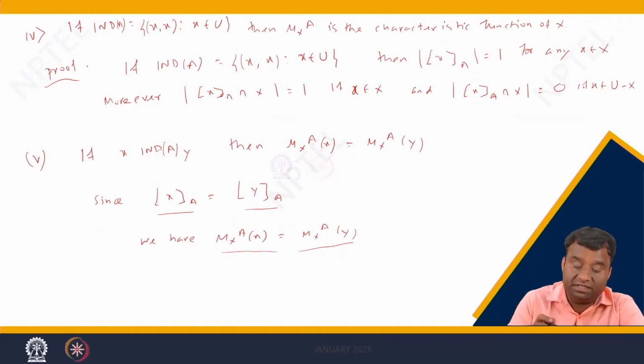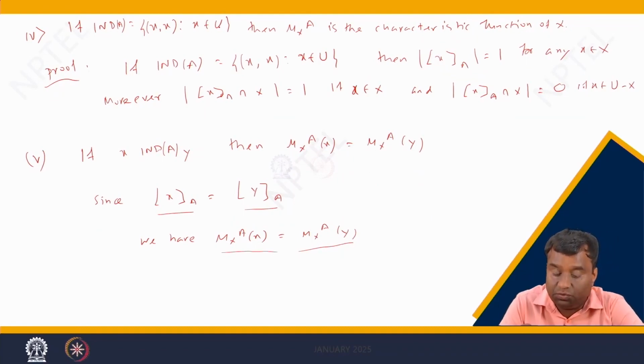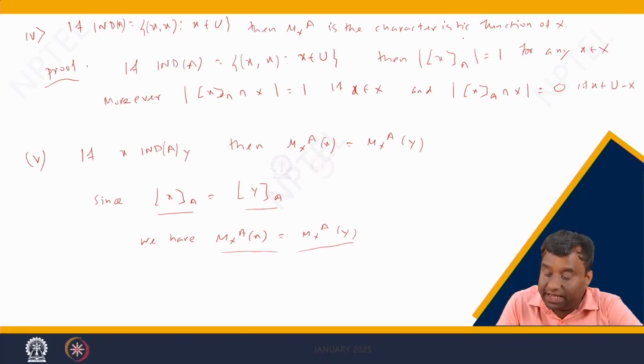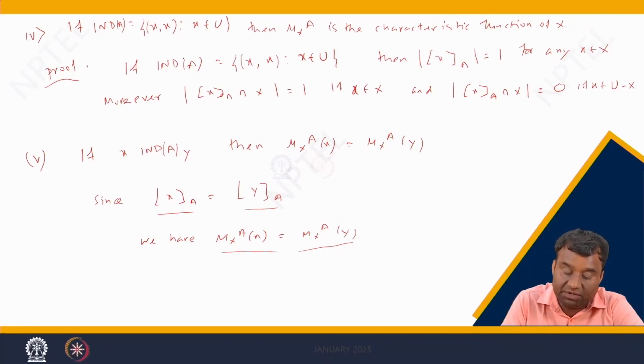Now if the indiscernibility relation of A on U is the identity, then mu X A is the characteristic function of X. So if the indiscernibility relation is the identity on U, then the cardinal number of Xa is 1 for any x belonging to X. Moreover, the intersection is also 1 if x belongs to X, and the intersection is 0 if x does not belong to X, that is x belongs to U minus X. If x is indiscernible from y, then mu X A of x equals mu X A of y.